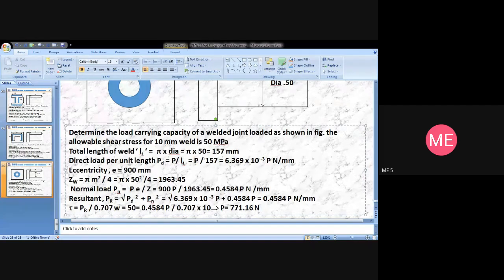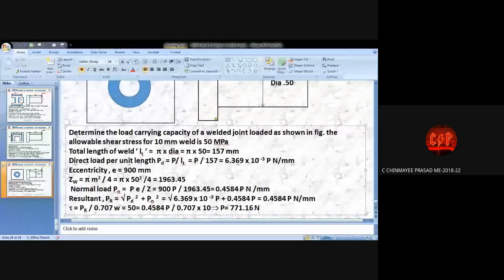Sanjay? Yes, sir. Sir, isn't it supposed to be square? Pardon me? For PR, 0.4 underroot? Yeah, either way you can do, not an issue.